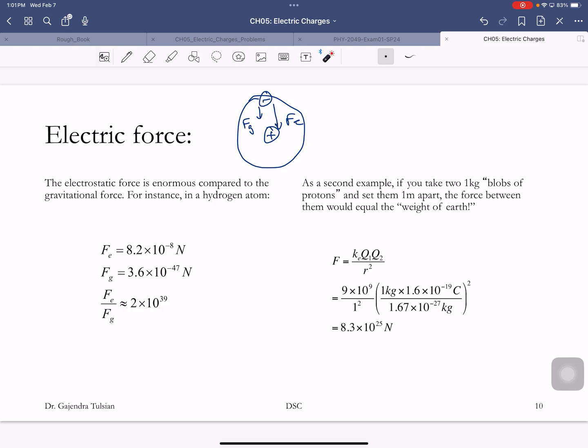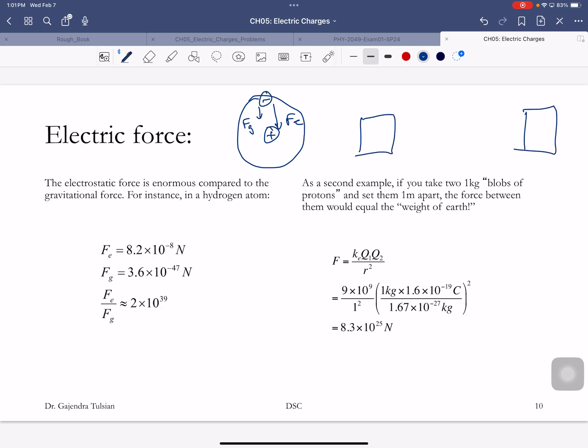Now, here's a second example. You guys have seen a liter water bottle.